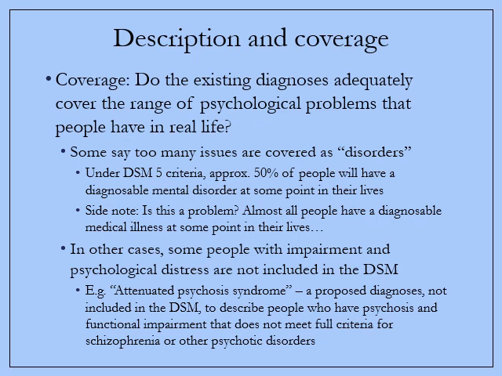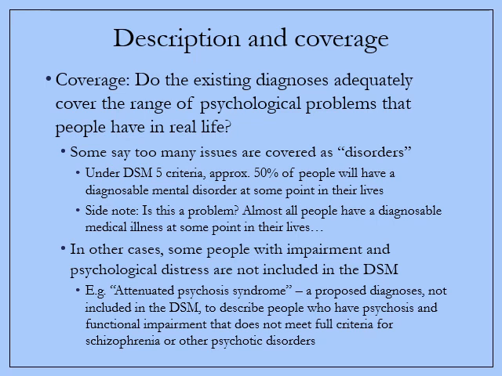In other cases, some people with impairment and psychological distress are not included in the DSM. So again, I'm going to give you a psychosis example because that's my wheelhouse. There's something called attenuated psychosis syndrome, which is not a DSM diagnosis, but it's been proposed to be added to the next one, like the DSM-6.